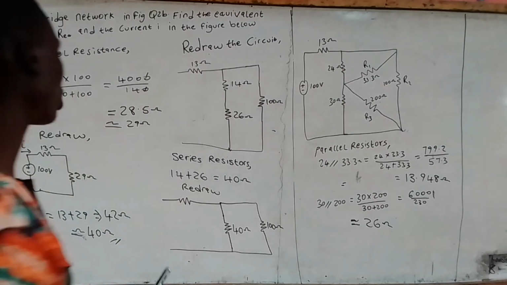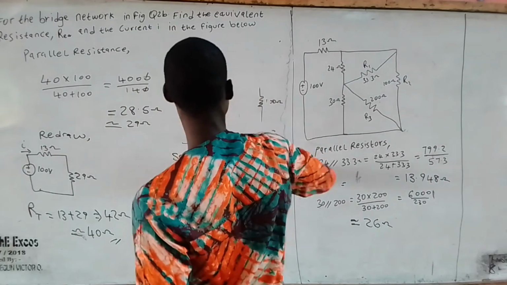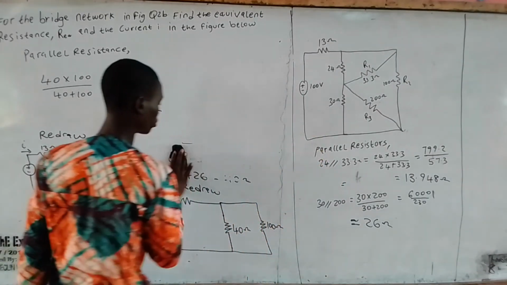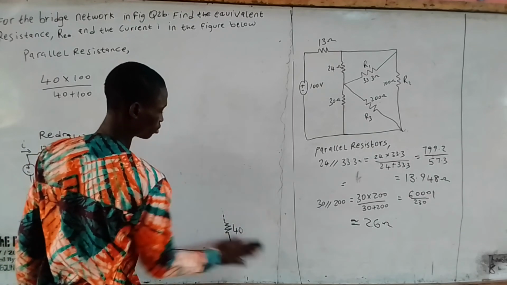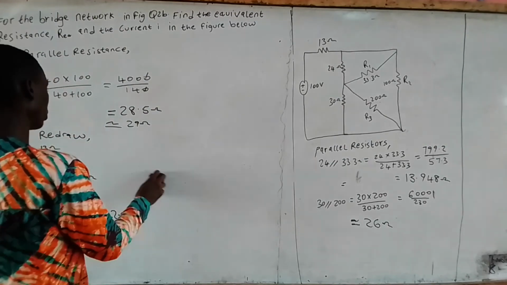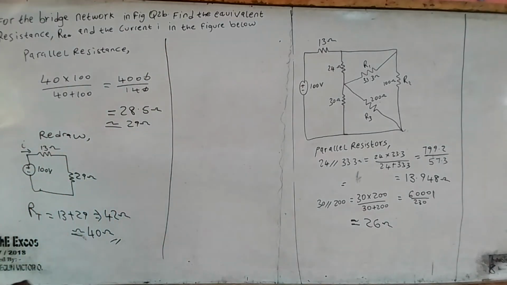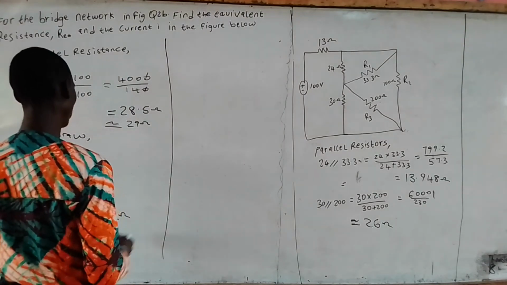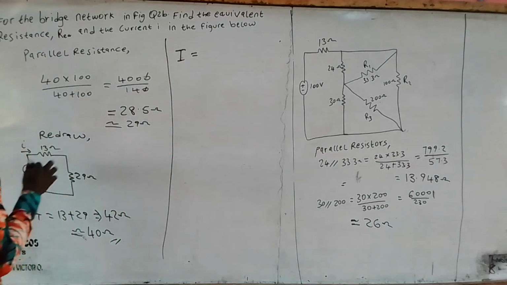So we're going to solve this continuation. This 40 ohms now, you are asked to look for this current I that flows through it.